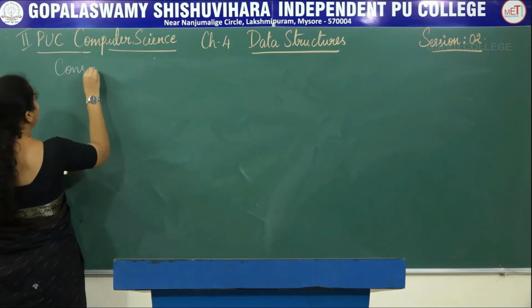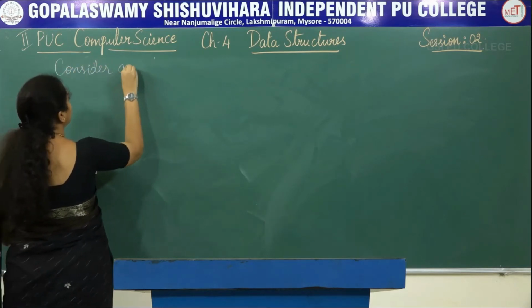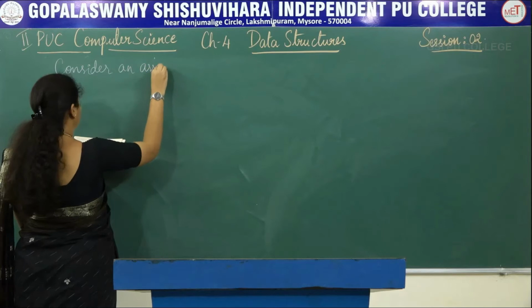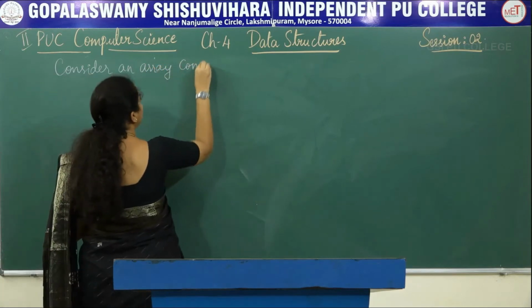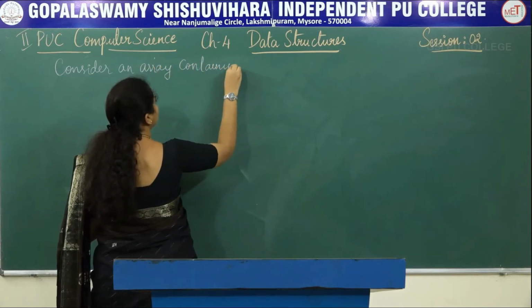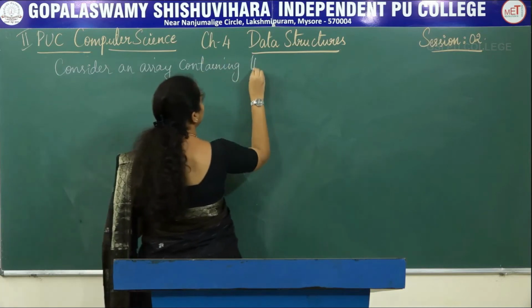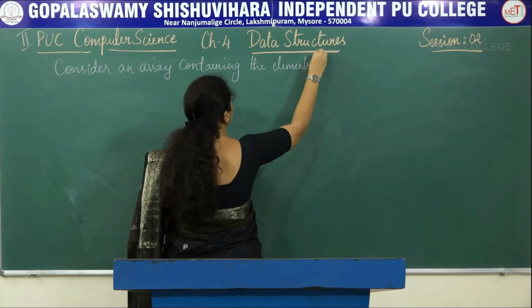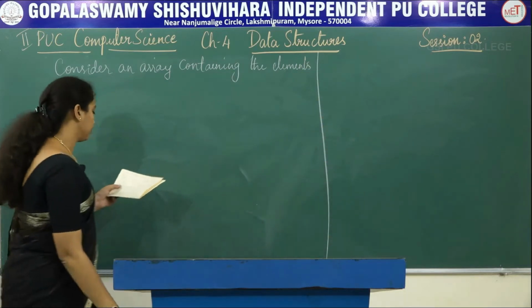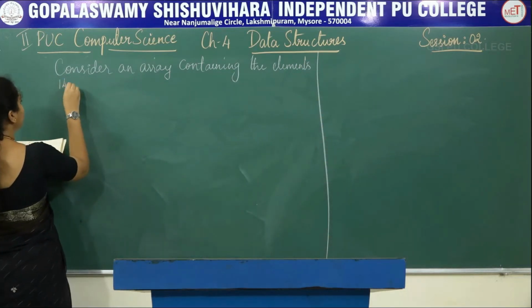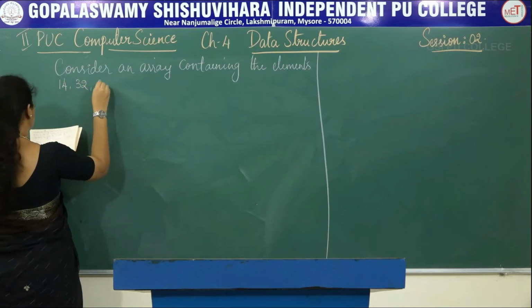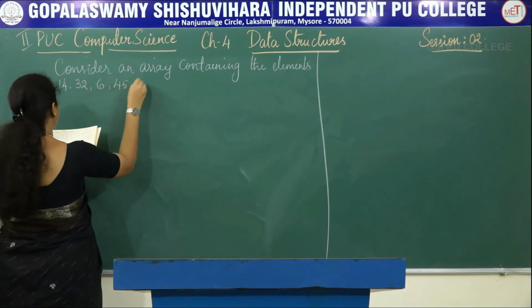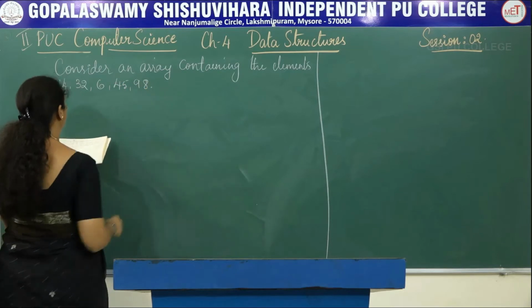Consider an array containing the elements 14, 32, 6, 45 and 98.